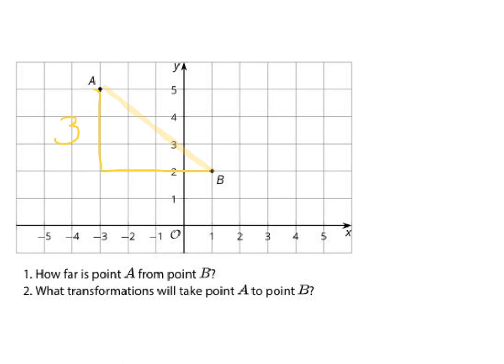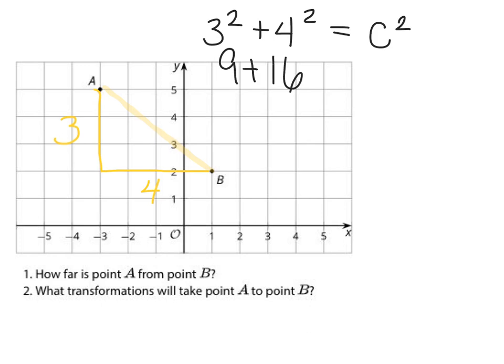This is 3 units. That's 4 units, which means we know the Pythagorean theorem. This could be 9 plus 16 is 25, which means C is 5 units, right? So that's the distance from A to B.